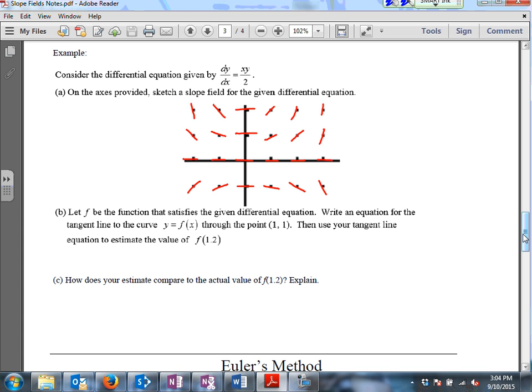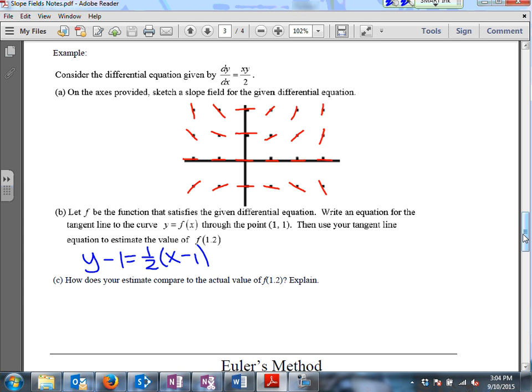Graphically, it looks like a bunch of what? Parabolas opening up or parabolas opening down, right? One or the other probably. Okay. All right, so in part B, we want to write the equation for the tangent line through 1, 1. So if we look at 1, 1, what is our slope? 1/2. So our tangent line is y minus 1 equals our slope of 1/2 times x minus 1.